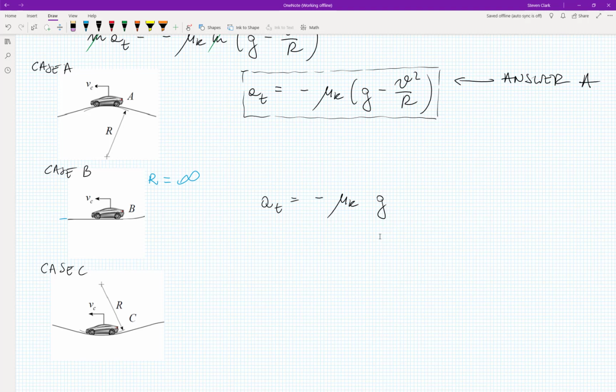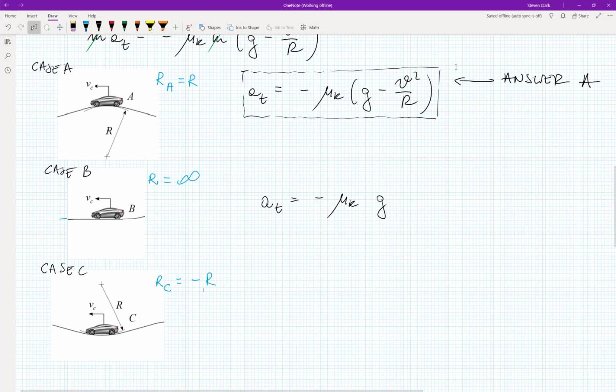Okay, how about case C? Yeah, exactly. This is what I was getting at. Could you please tell me what is the radius at point C? Let's assume that the radius in case A was R. So if RA is R, what would be RC? Negative R. Yes.